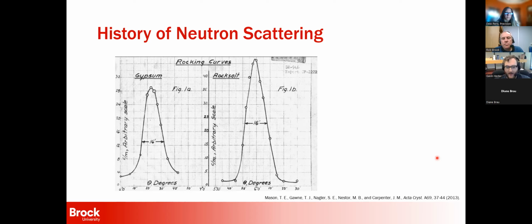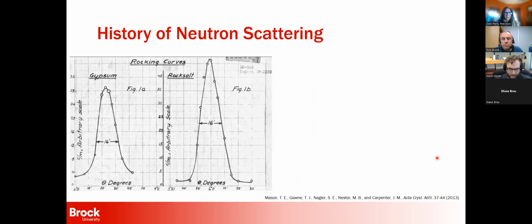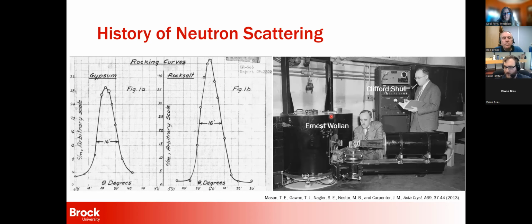And so it was not really followed up on until after World War II was done, and followed up at Oak Ridge National Lab by these two gentlemen, Clifford Shull and Ernest Wollan. And actually, I believe Shull won a Nobel Prize for the work he was doing here.